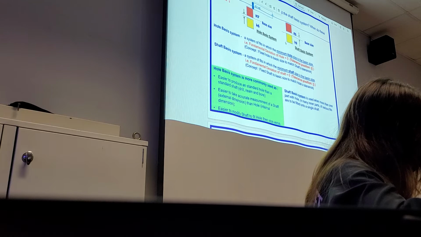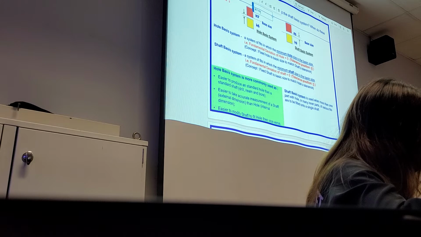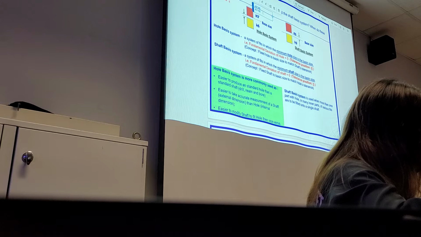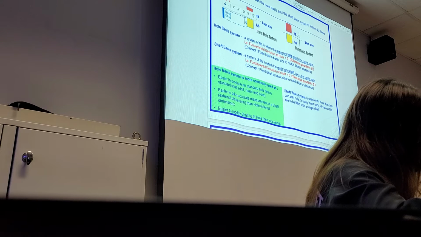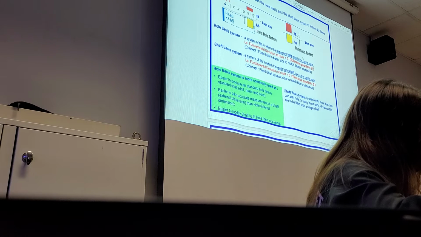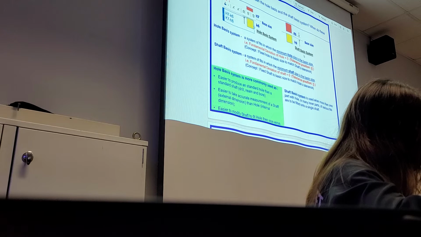H7 K6 is the current specification, and K7 H6 is the equivalent one. You notice the letters just switch over, and you change uppercase to lowercase and lowercase to uppercase.